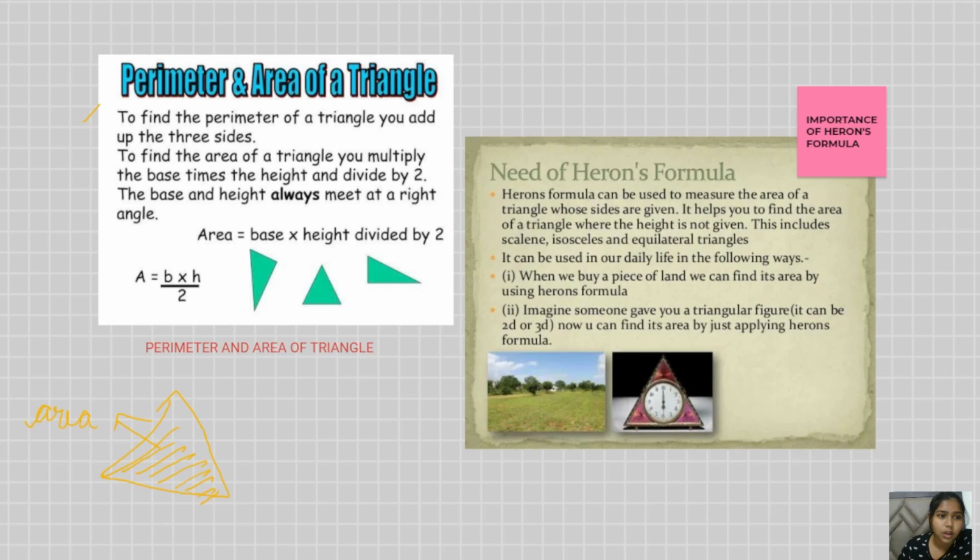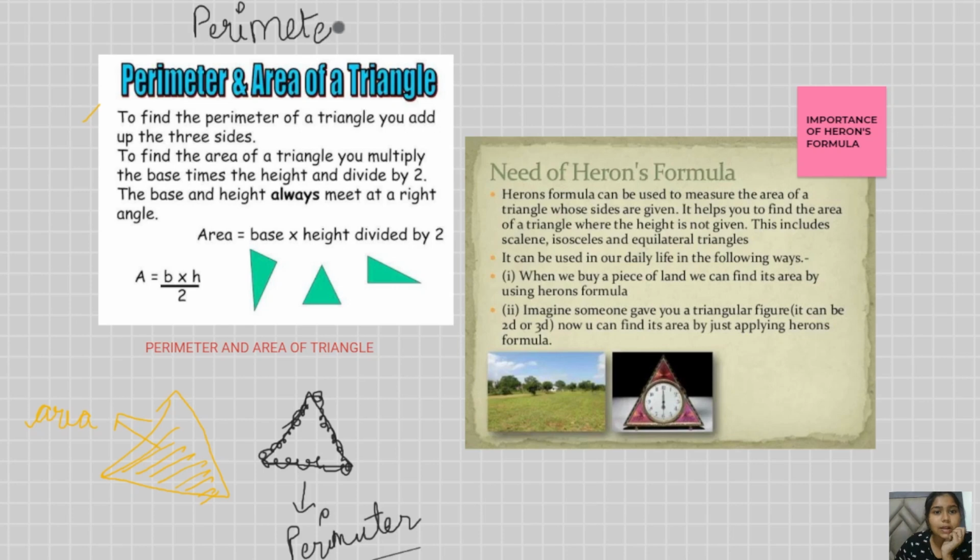Now if I say what is the perimeter of the triangle, then the outer lining of this triangle will be known as the perimeter of the particular triangle. Not only of a triangle, it could be of any particular shape, right? So what are this perimeter and area formulas? In the earlier classes we learned that the perimeter of a triangle is the sum of all the sides, right?